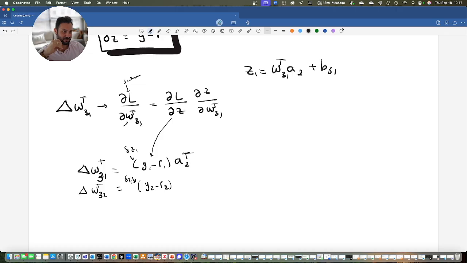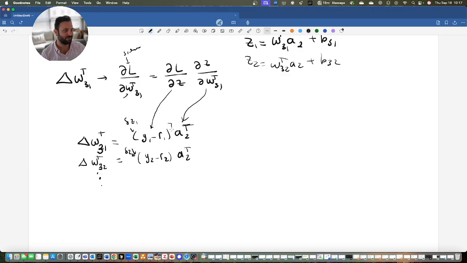This is delta Z2. And its derivative is again the same, because Z2 is nothing but W32 transpose A2 plus B32. And it's going to be A2 transpose. And if we were to calculate all of them, we mentioned it was going to be just 3 classes, so we get y1 minus r1, y2 minus r2, y3 minus r3, it's delta Z1, delta Z2, delta Z3, and all of them create my great vector for delta z.